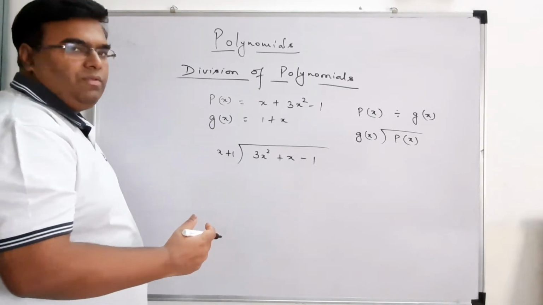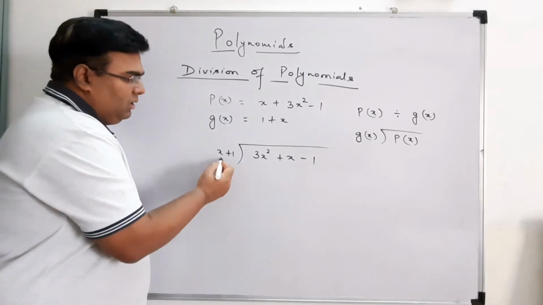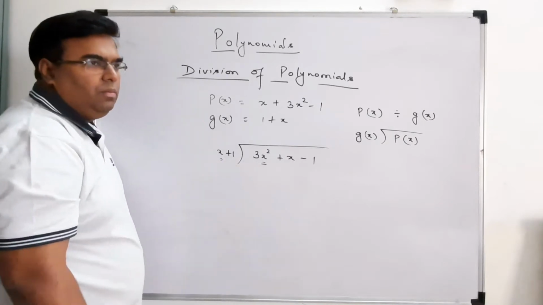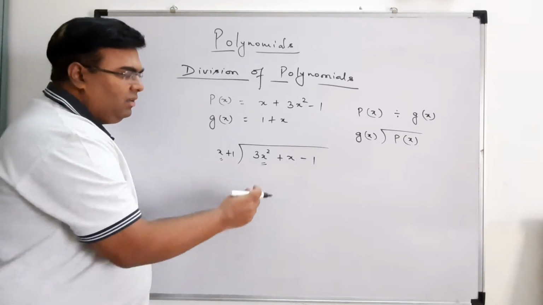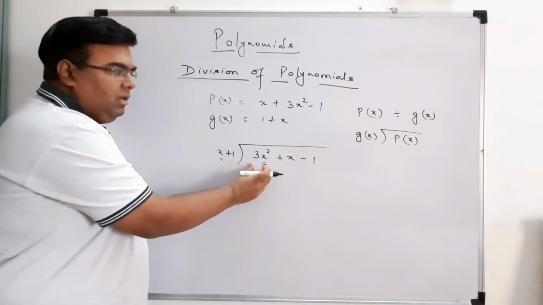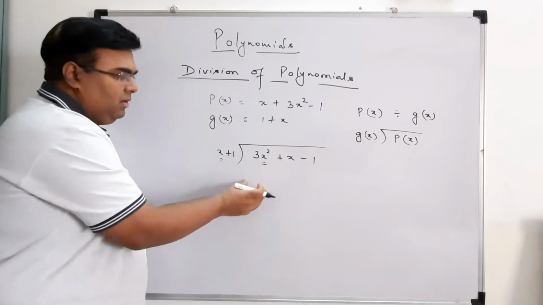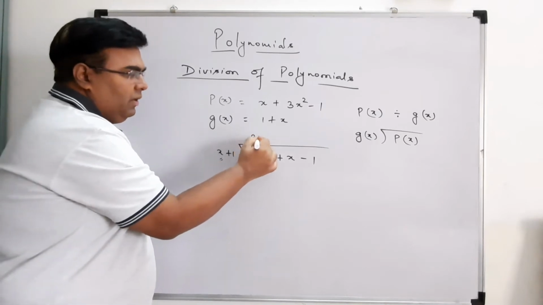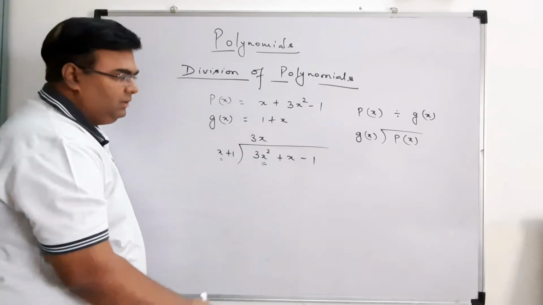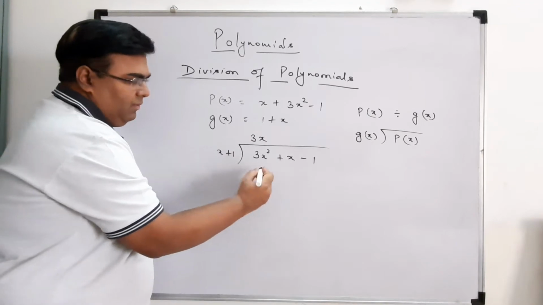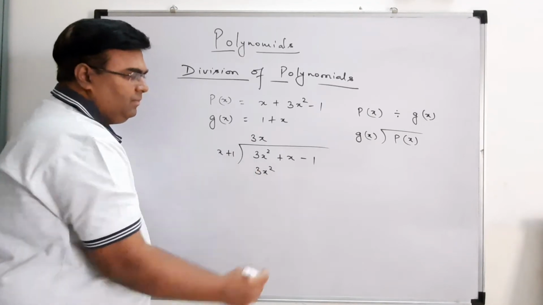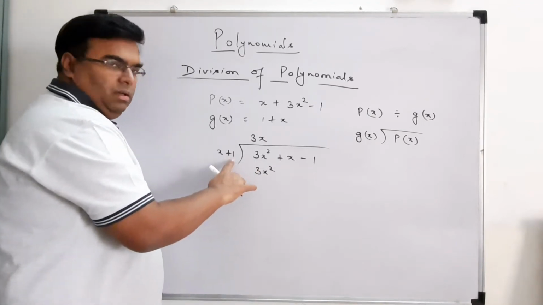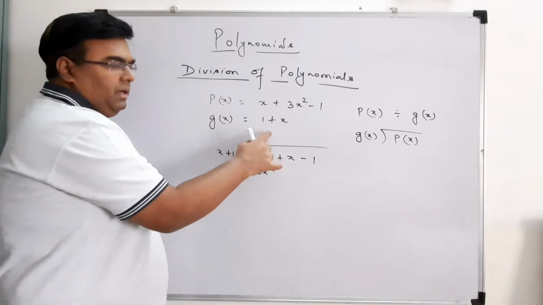So in long term division, we check the first terms of both polynomials and divide the first term of p(x) by the first term of g(x). It will give you 3x, right? So you write it as 3x, and then we multiply the other terms of g(x) by the same term.